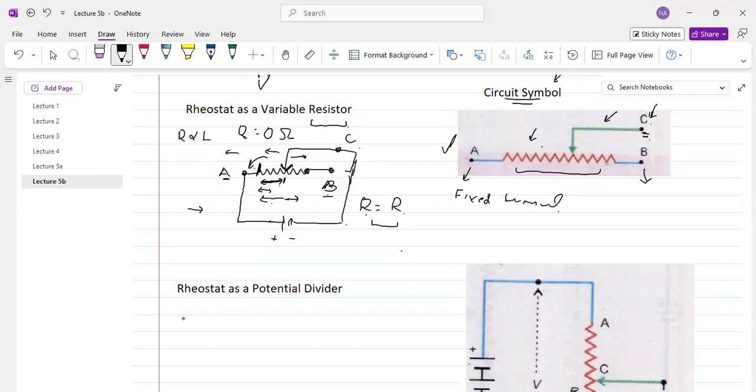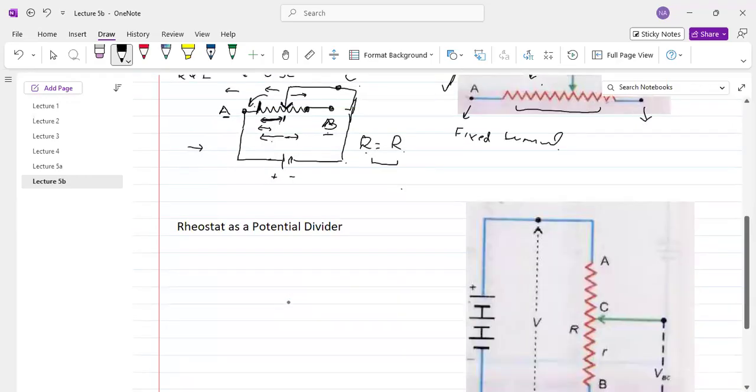The second use of this, and this is the most important use, is the potential divider. The second most important use of the rheostat is the potential divider. Let me tell you what a potential divider is.